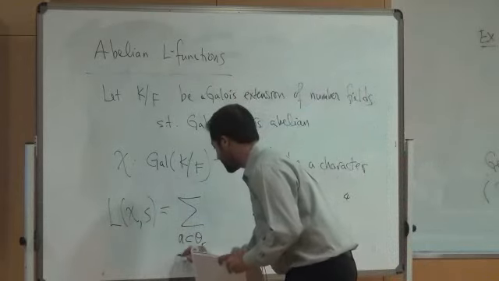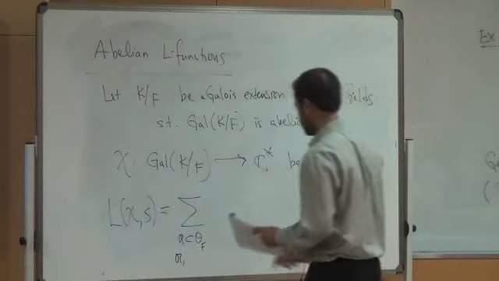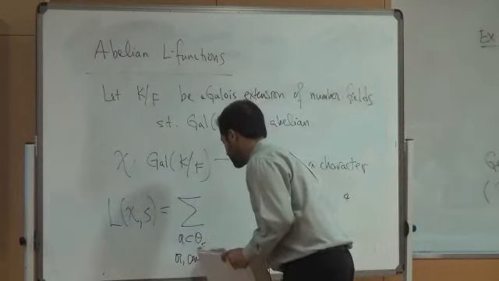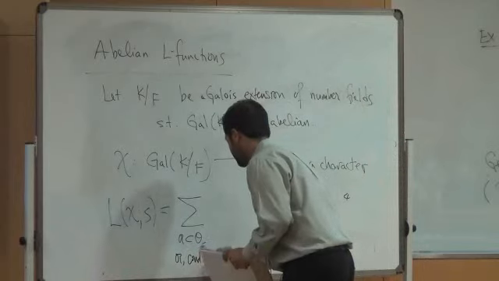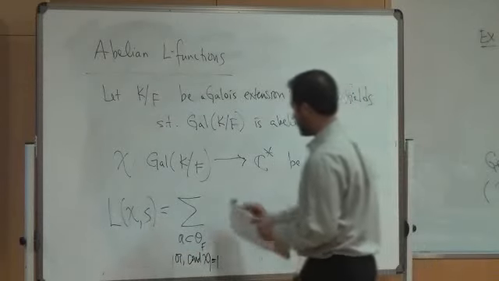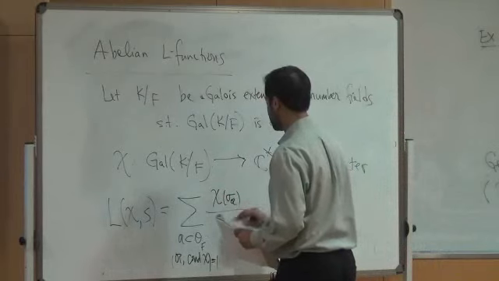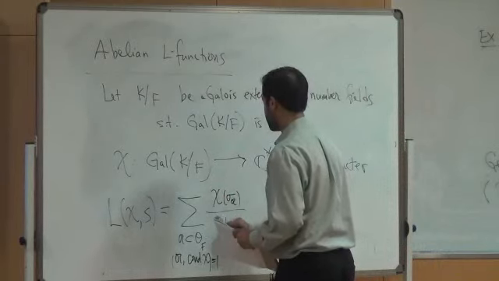You really need to take ideals that are relatively prime to the conductor of this character. So this character has a certain ideal called its conductor, which I won't define, but you can take chi of what's called the Frobenius associated to that ideal, divided by the norm of the ideal to the s.